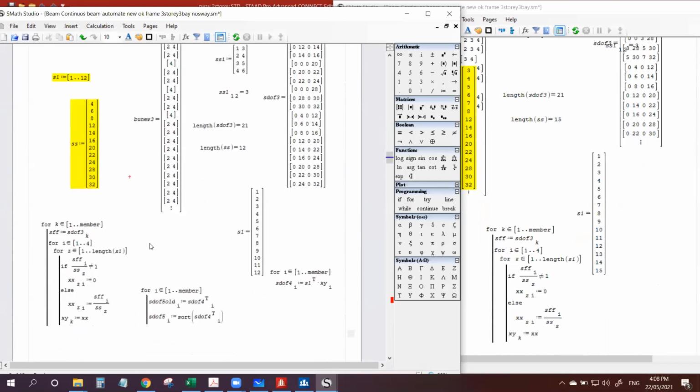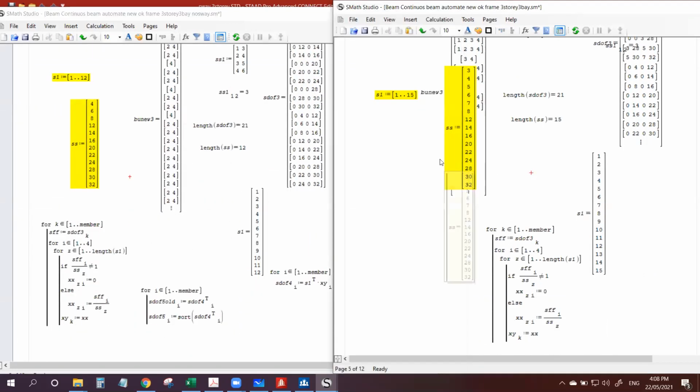Take a look at the difference in our SS matrix. This is the displacement: 4, 6, 8, 12, 14, 16, 20, 22. For the non-sway, because we already have 15 displacements, and 3, 4, 5, 6, 7, 8, and so on and so forth.